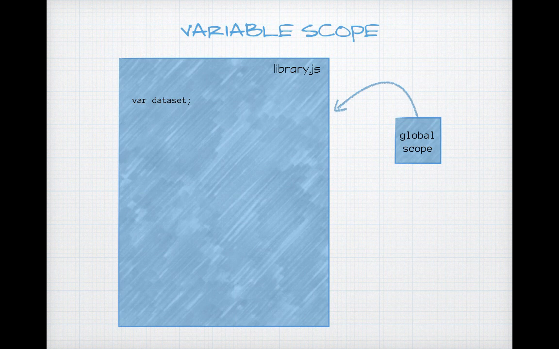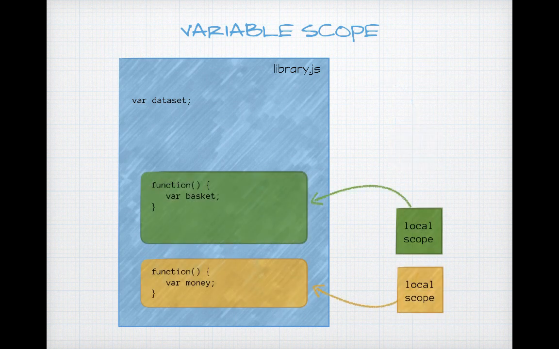Like telescope, microscope. And if it is in scope, what that means is that I am allowed to assign new values to dataset, and I'm allowed to use the value of dataset in other places. Now, if I add some functions to my library, here I have an anonymous function in green and one in yellow, these variables are called locally scoped.